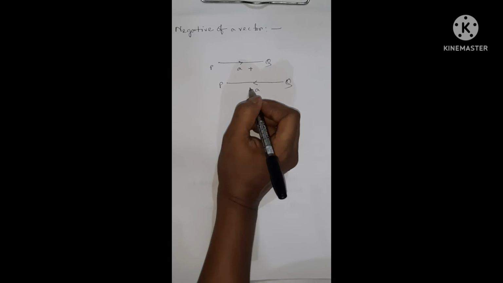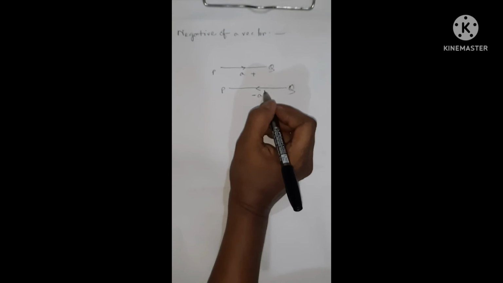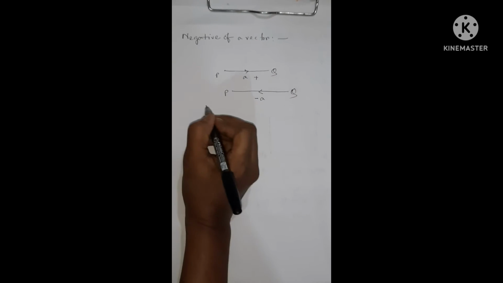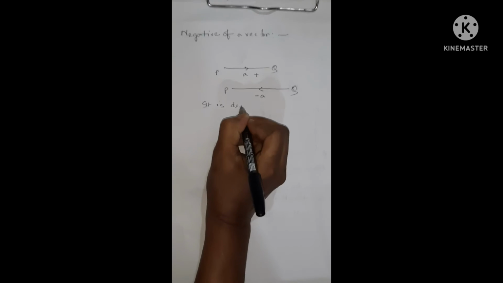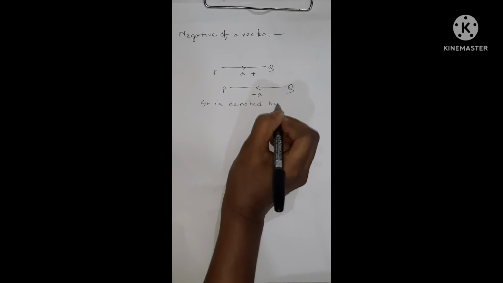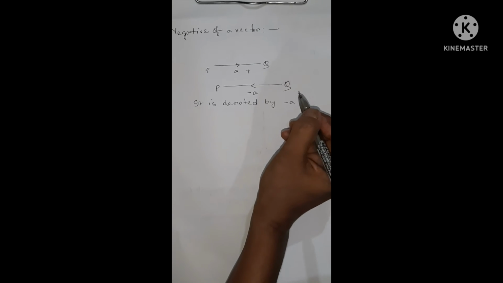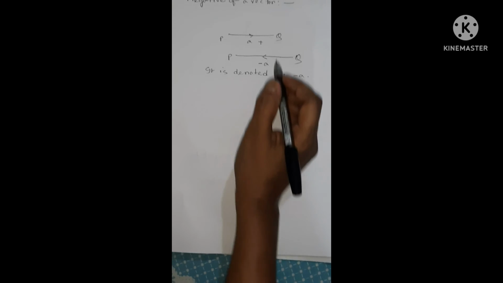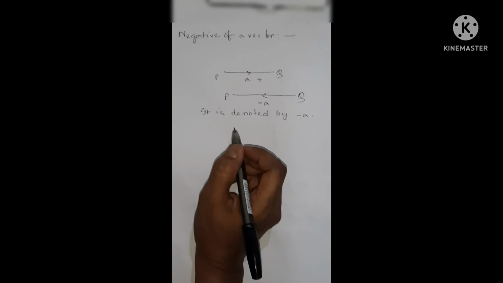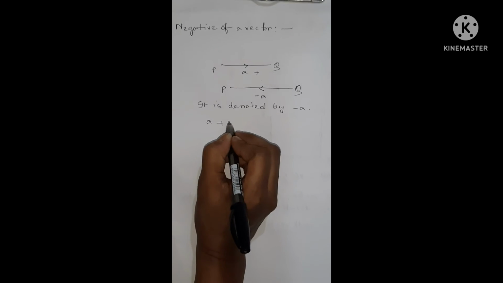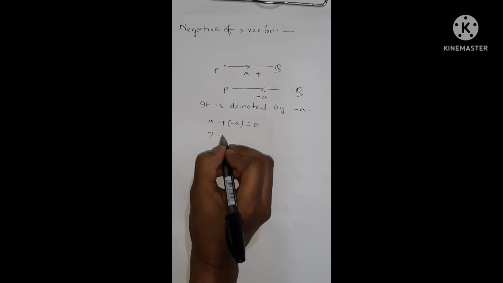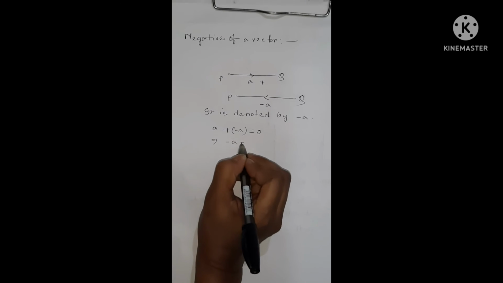It is denoted by negative A. Geometrically, the negative of a vector A is obtained from A by reversing its direction. In general, for any vector A there is always a negative such that A plus minus A equals 0. We can also write minus A plus A.